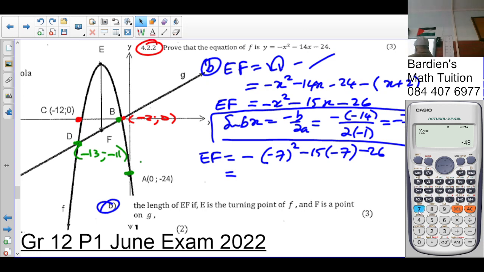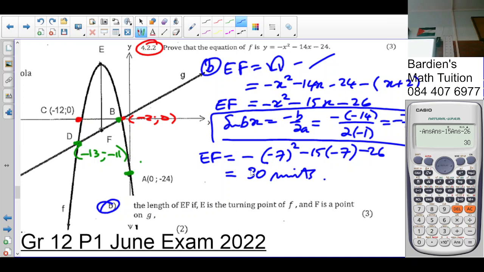Put it in the calculator. This is an answer of 30 units. Okay, so we have simply 30 units there.